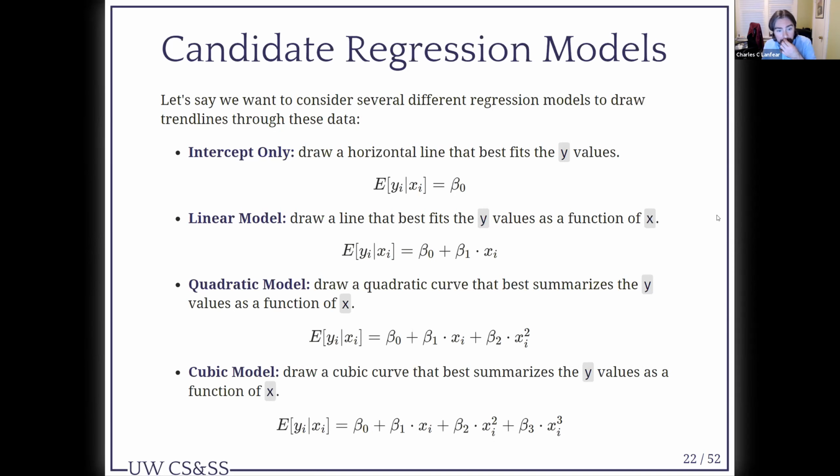And finally, we're going to draw a cubic model. Drawing a cubic curve is a complicated model that looks like this: beta 0 plus b1 times x plus b2 times x squared plus b3 times x cubed. Okay, this model is going to draw something that looks kind of like an S curve. It's going to go up and down and back up, or it's going to go down and up and back down.